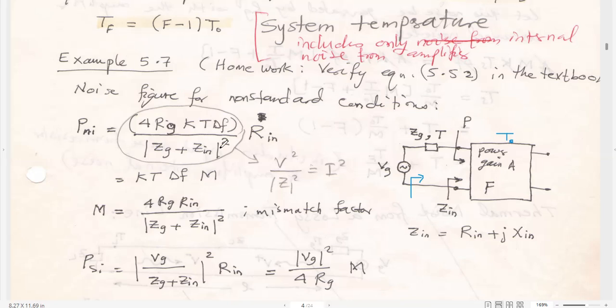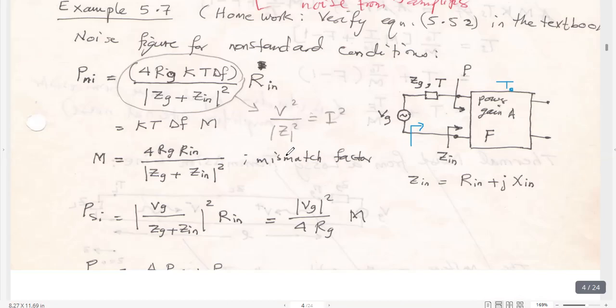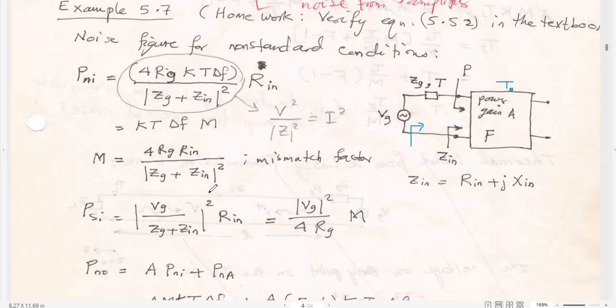So it is Zg plus Z input all squared, times the real part R input to obtain the real power. Now if you take k T delta F alone, the original value, let's call the remaining part M, the mismatch factor. M is equal to 4 Rg R input over Zg plus Z input all squared. This is the mismatch factor.